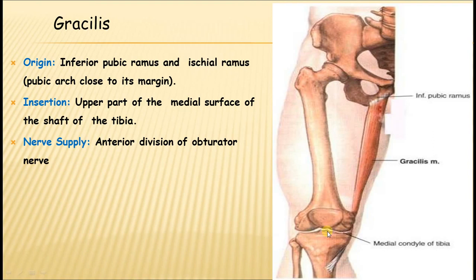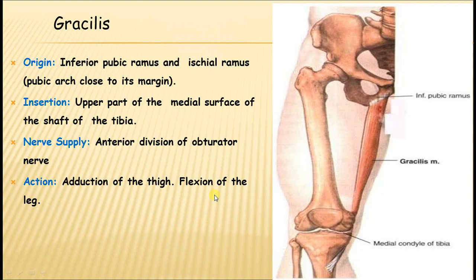The nerve supply to the gracilis muscle is mainly the anterior division of the obturator nerve. The gracilis muscle is a powerful adductor of the thigh and also a flexor of the knee. It helps to adduct your thigh strongly; when both muscles adduct, both thighs are approximated.